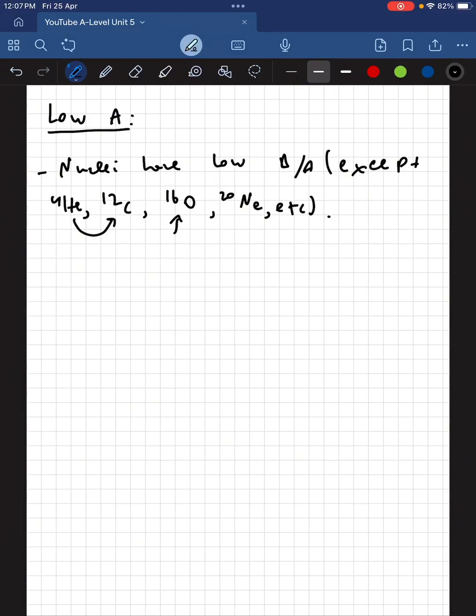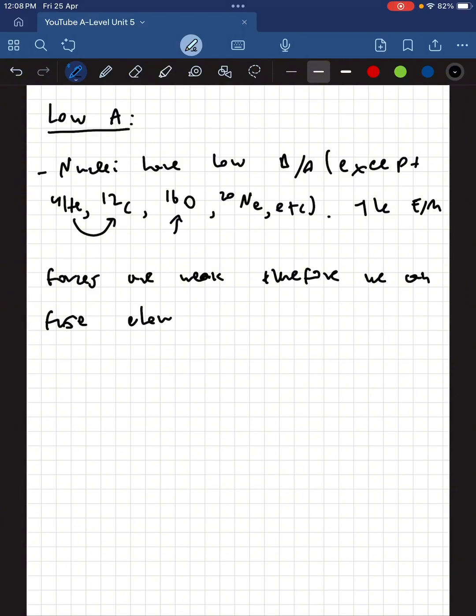So in the low mass region, the electromagnetic forces are weak. Therefore, we can fuse elements into elements with high binding energy per nucleon.